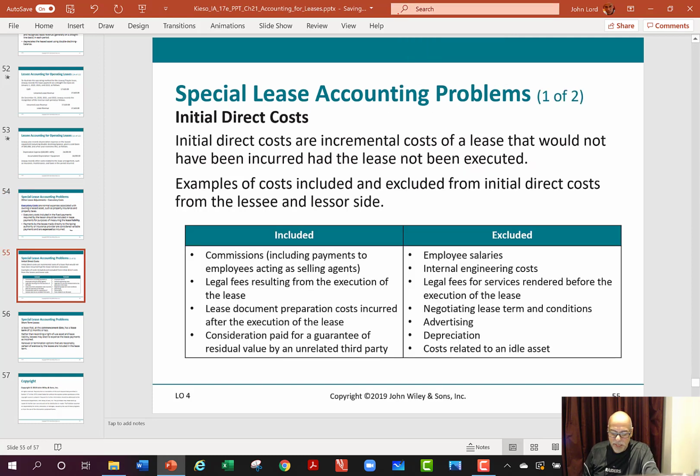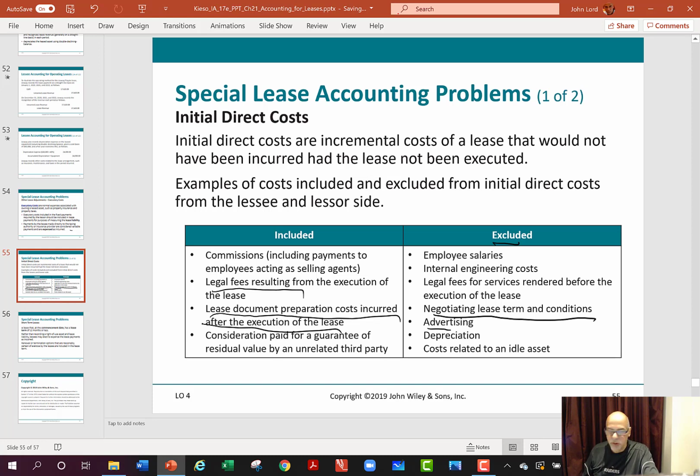Any initial direct cost, okay, initial direct costs such as documentation preparation fees, legal fees, these sort of things, okay, those would be included in the lease payments. Things that should be excluded: advertising, negotiating lease terms and conditions.